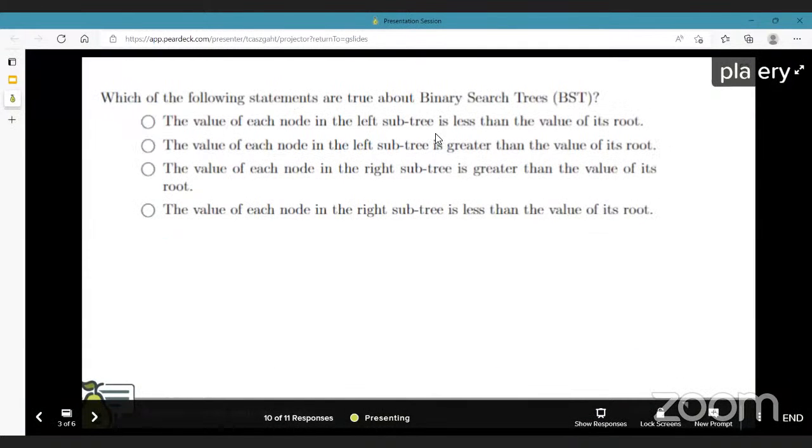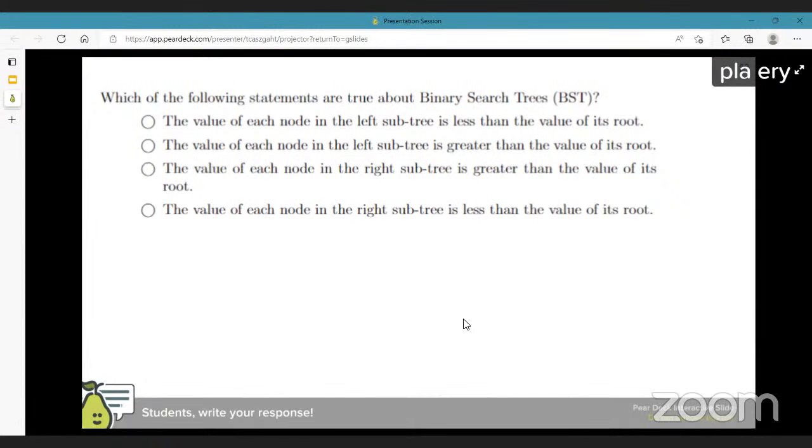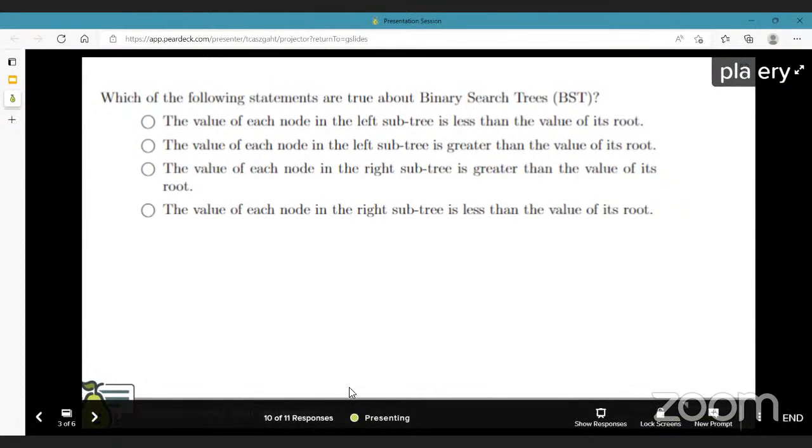That is, the left subtree will always have values less than that of its root, and the right subtree will have values greater than that of its root. Anyone, any doubt in this particular question? Anyone? So we'll move to the next question then.